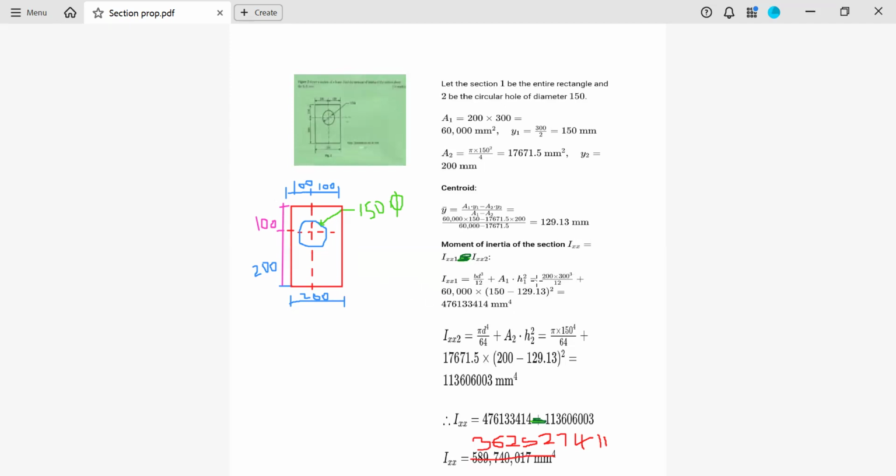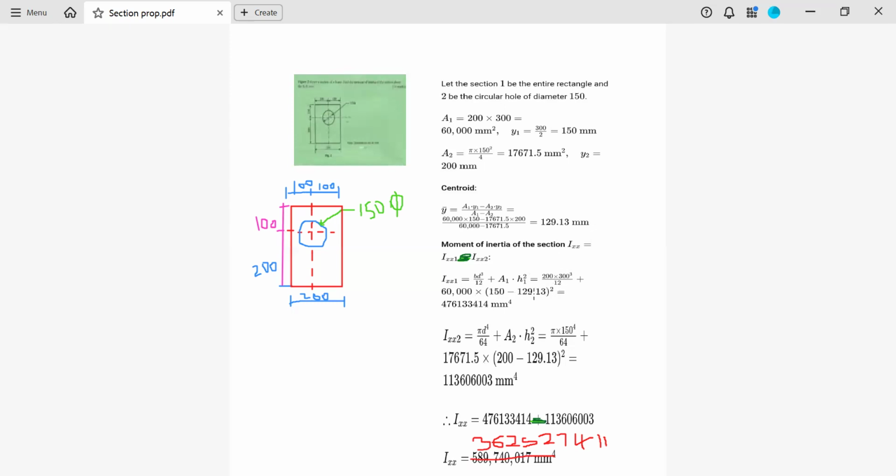And then this one, we call it theory of parallel axis. So this will be equivalent to 200, which is B, times 300 cubed, which is D, over 12, plus our area, which was 60,000, times our value of h1, which is 150 minus 129.13, squared.